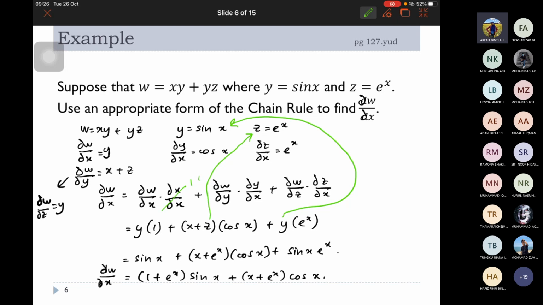So the next one, done, this one. So I hope everyone is done.